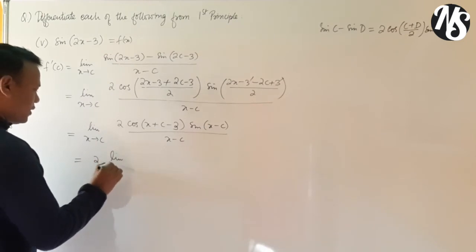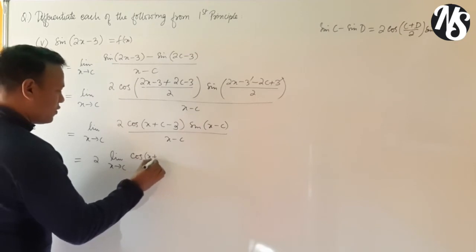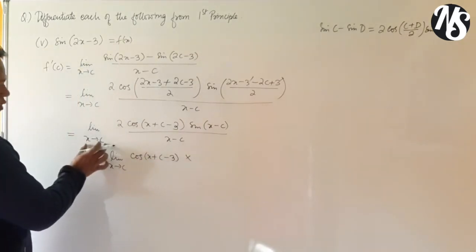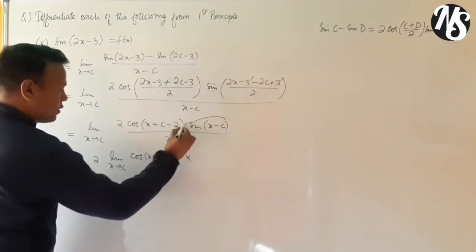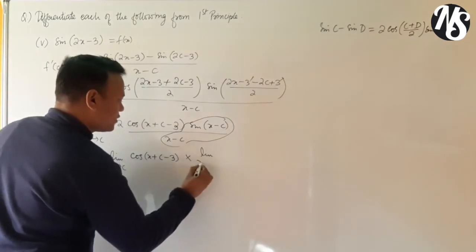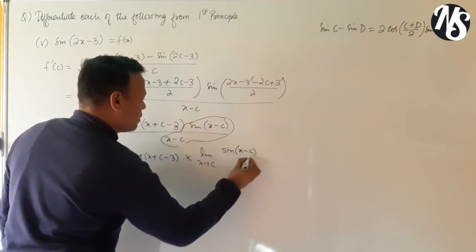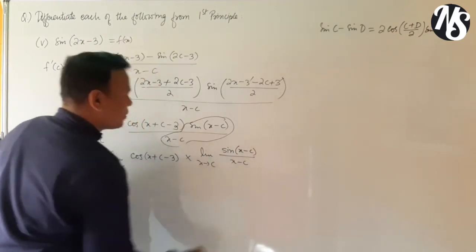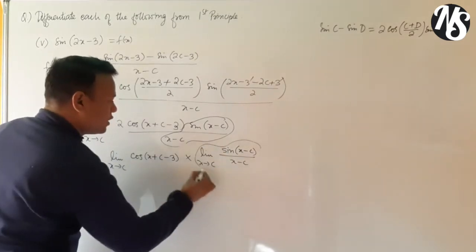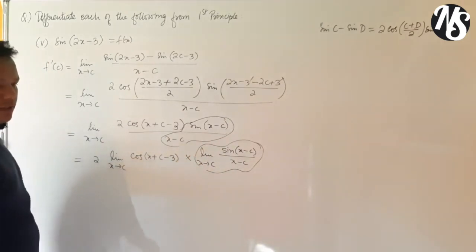So I'll write limit x tends to c of cos(x plus c minus 3), into, so basically I am distributing this limit into this and this term, limit x tends to c of sine(x minus c) by (x minus c). Now there's a direct formula, this is equal to 1, so we need not do anything here.